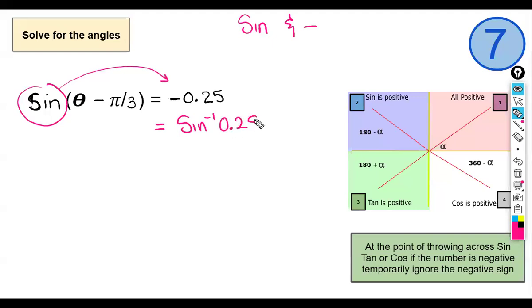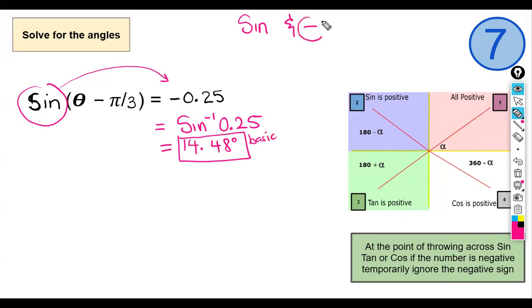Positive 0.25. This will give us what? I get, for the basic angle, 14.48 degrees. We could all agree with that? But remember, the basic angle here is not actually one of the final answers because it's really what?